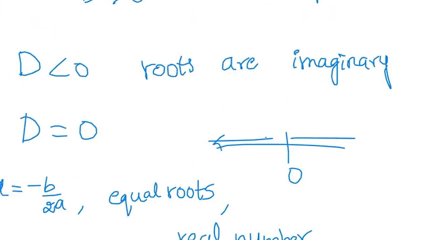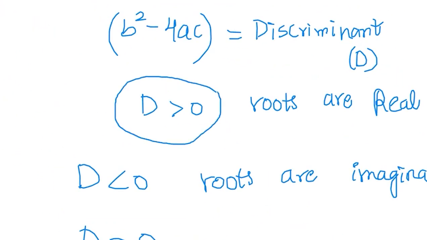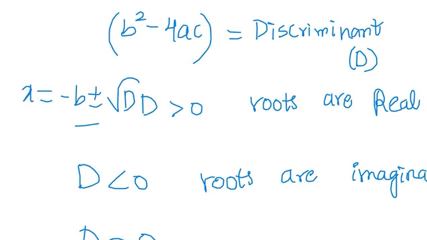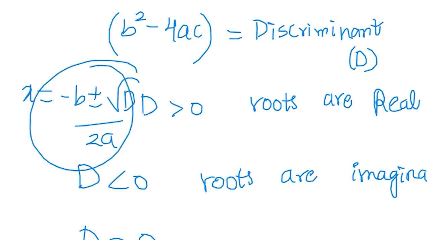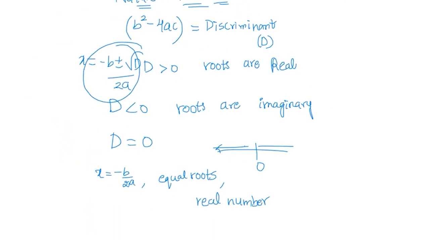The key difference is that when the discriminant is positive, you will get two solutions. And if it's 0, you get one solution, but equal roots. There will be two solutions only, it is just that they are equal roots.